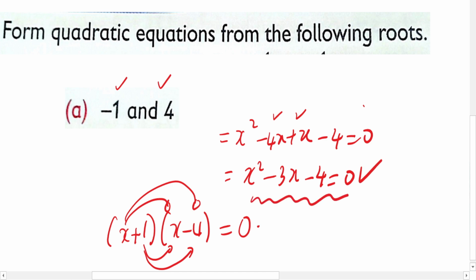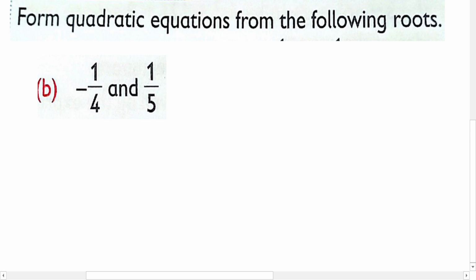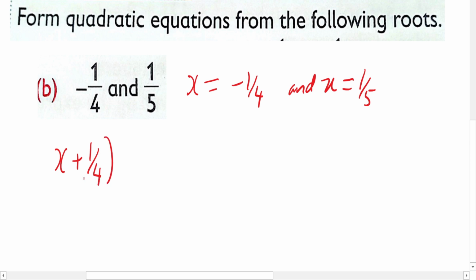Simona rahisi sana. Now going back to the same thing. Now here we say 2 roots: x equal to -1/4 and x equal to 1/5. Then it means that originally it was something like this: x plus 1/4, which was multiplied to x minus 1/5 to give you 0.